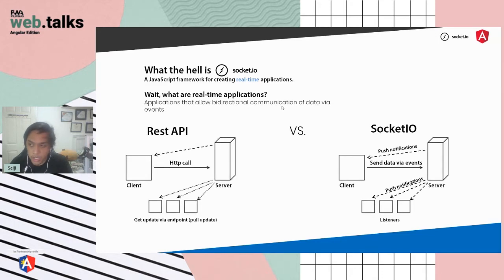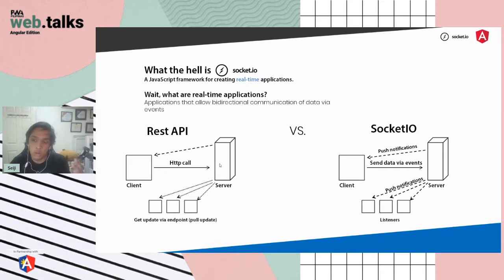Comparing the two architectures I mentioned a while ago, the REST API versus Socket.io. With REST API, the client calls an HTTP request to the server to send a specific command, for example, processing the data to update the database or insert another record.